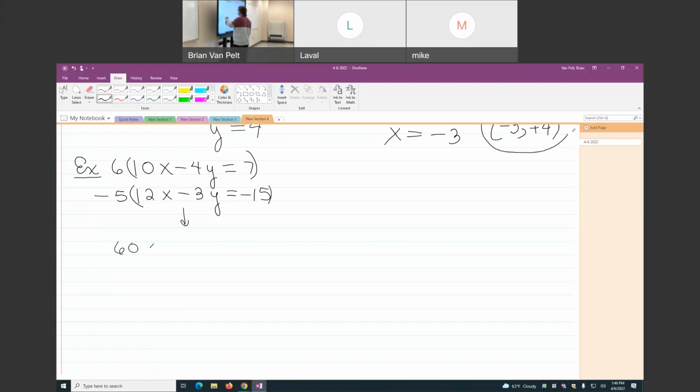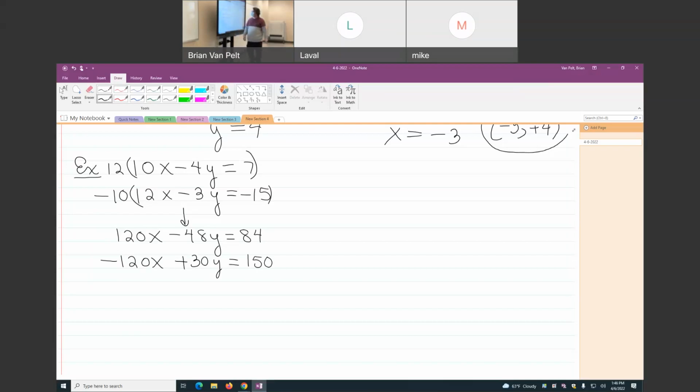I don't erase this, because that's not the way the regular student is going to do these things. Most people are going to put it all up here with a negative, so that we get 120x minus 48y equals 80, and negative 120x plus 30y equals 150, correct?